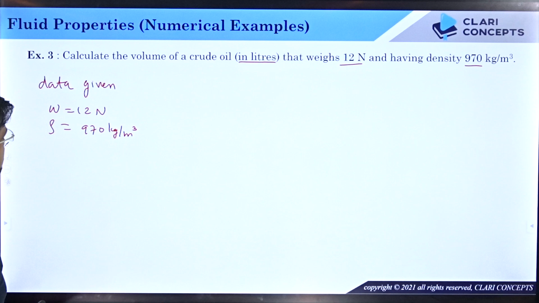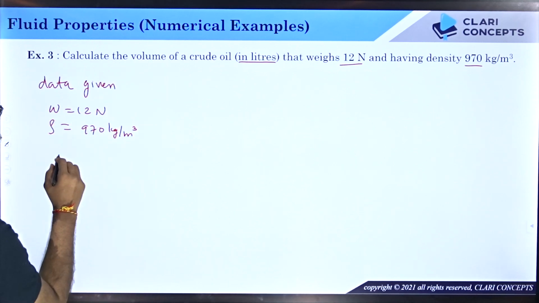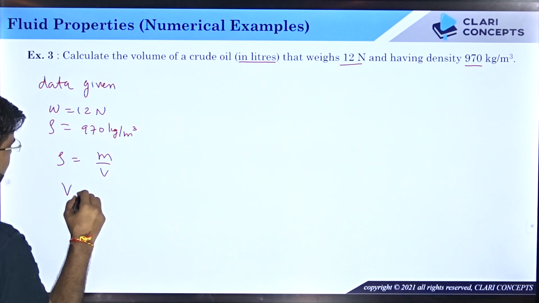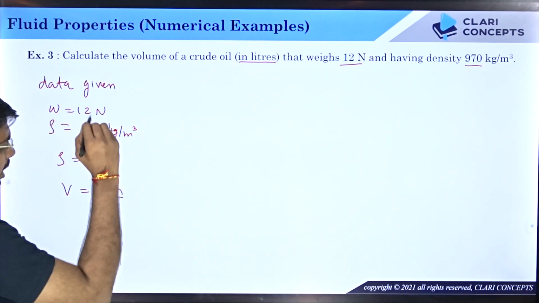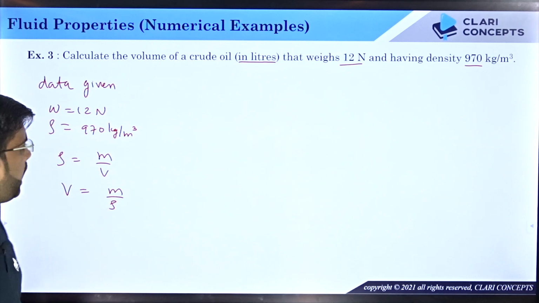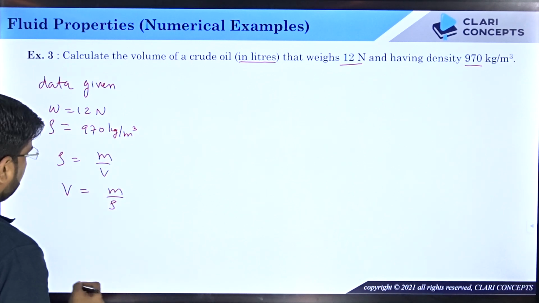Now how do you calculate volume from density? We know that density is mass by volume. So if I want to calculate volume, I need mass by density. Density is given to me, I just want to have mass. How do I get mass from weight? Very easy.